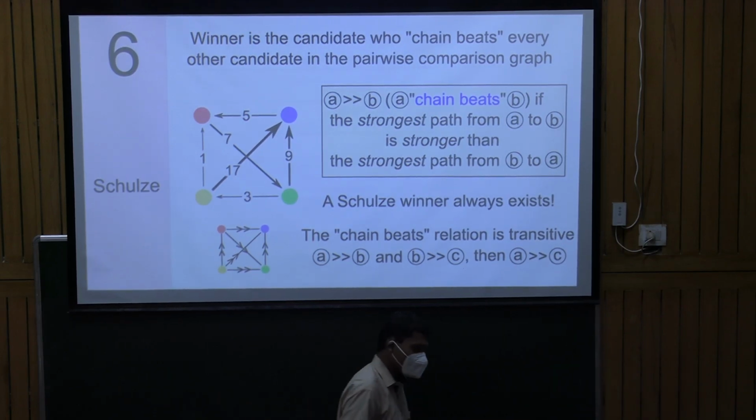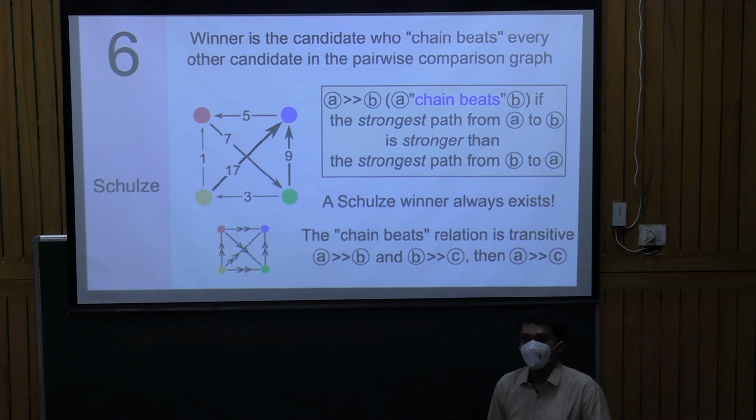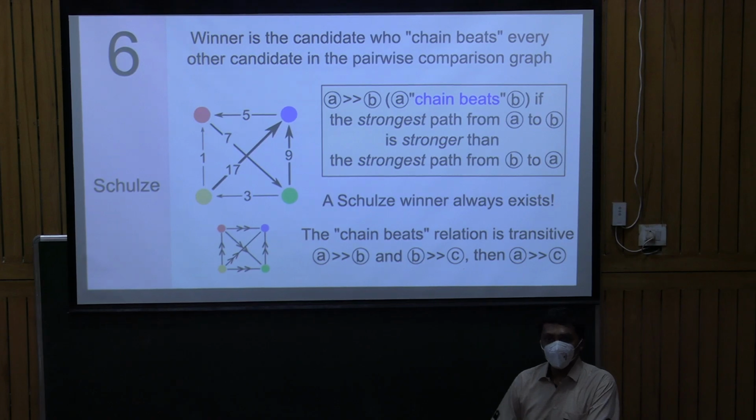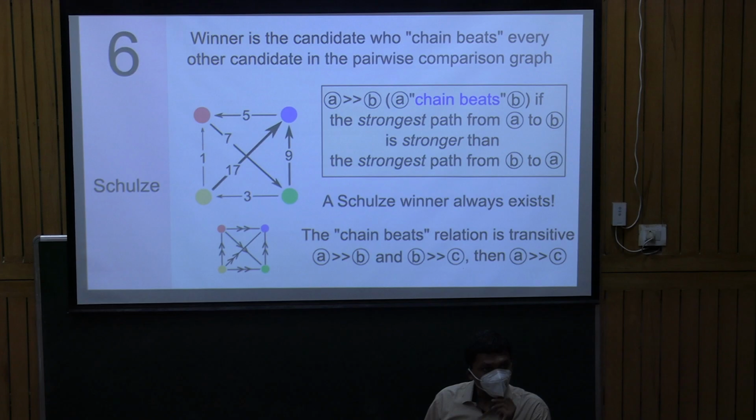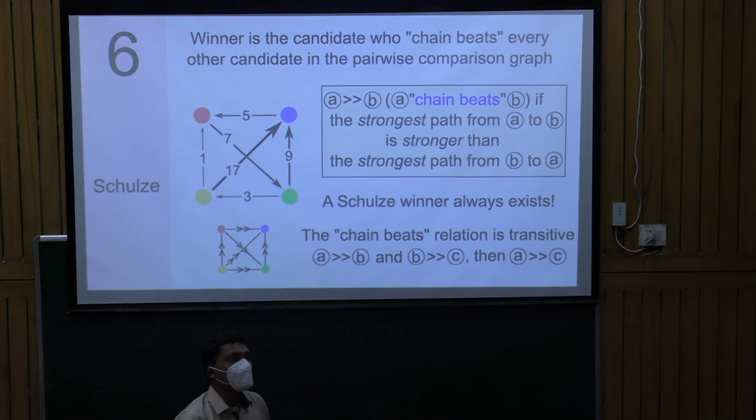Good. Any other questions? Everyone happy with this definition? Okay, Saurabh, yes. How can we understand chain beats? Yes, it's difficult to understand, right? It's saying that there is at least so much support when I beat you and you beat that guy and that guy beats that guy and that guy beats you, compared to support in the opposite direction.